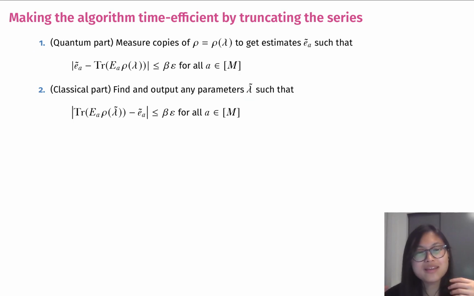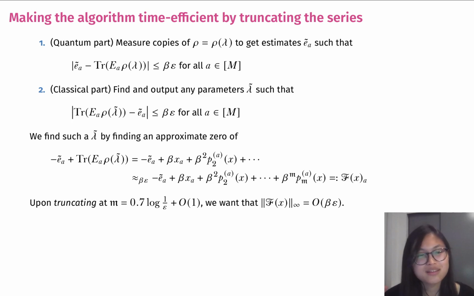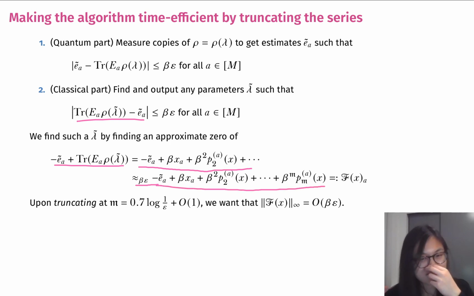Okay, so how do we do this classical piece? Well, we look at this expression here, and we expand it using the multivariate Taylor series expansion that I mentioned before. And then because it converges, we can truncate it. We can truncate it without too much error if we truncate at log 1 over epsilon many terms.